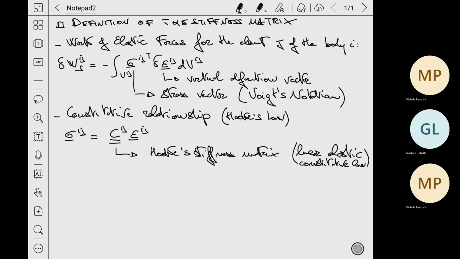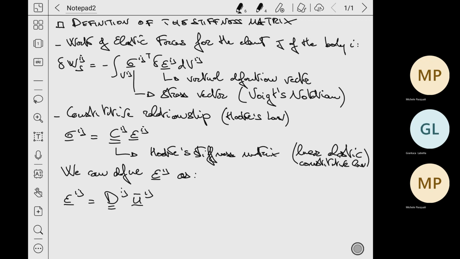Now we know that epsilon, the vector of the deformation, can be written as the matrix Dij applied over the vector of deformation-induced displacement u over bar.